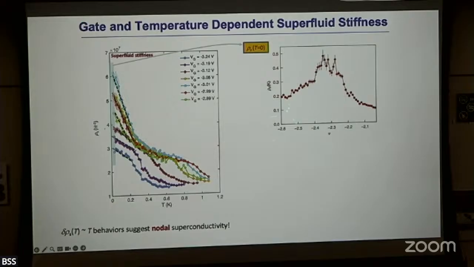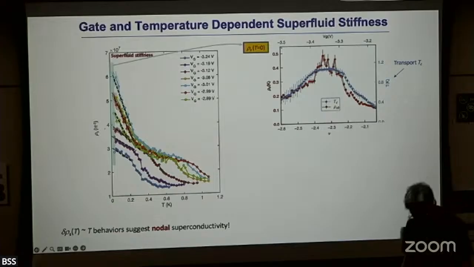What you are seeing here is a nice dome shape of the zero temperature limit of the superfluid stiffness. In fact, this dome is pretty well correlated with the transition temperatures of the superconductor we measure in terms of DC transport. If I just rescale this axis, they actually overlap quite nicely, right? So the first thing you start to see is that this zero temperature limit of the superfluid stiffness is well correlated with the Tc that we are measuring across this dome, right?